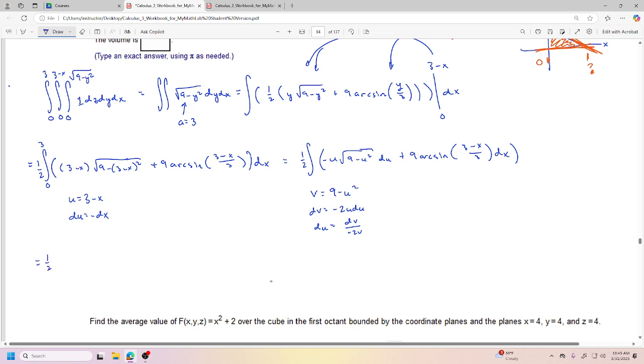Right, I'm having the same problem. So there's a negative here, and there's already a negative there. So it's actually going to end up being a positive. 1/2 in the front, square root of v dv.